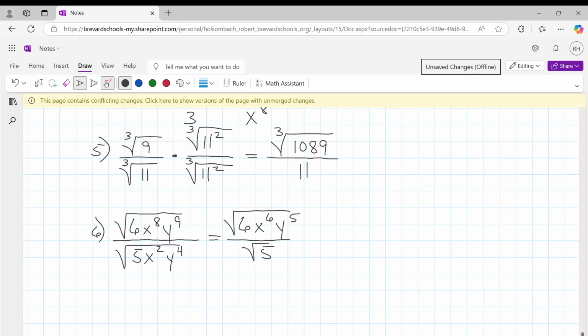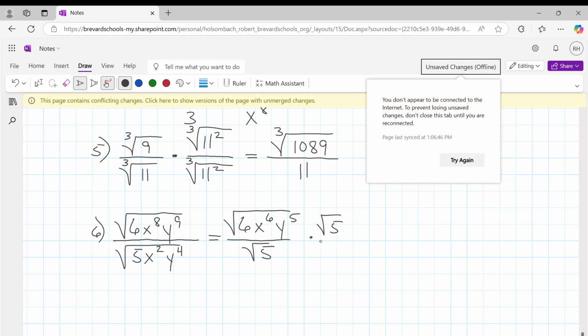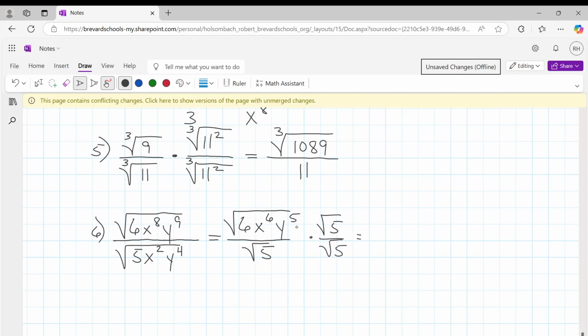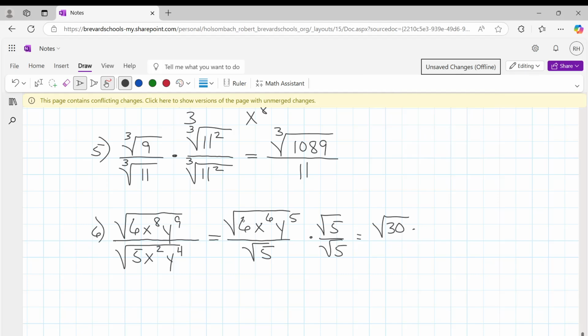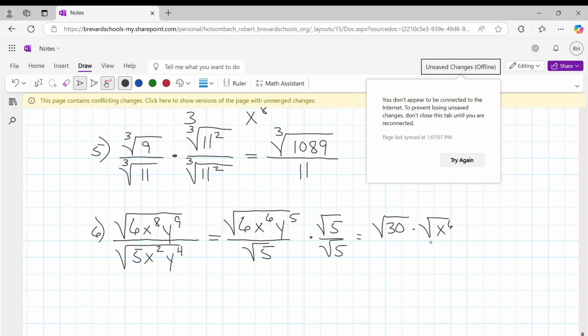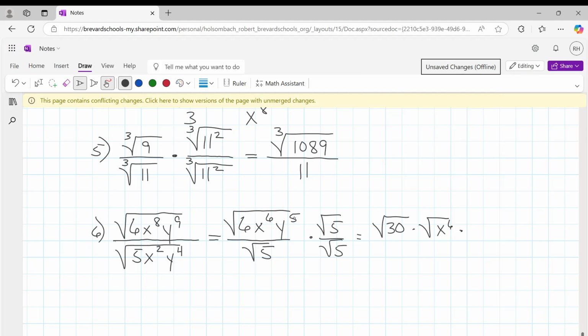So now we got to rationalize the denominator, and we've got to simplify the numerator. So we're going to rationalize first. We're going to multiply the top and the bottom by the square root of 5. So in the numerator, we get the square root of 6 times 5, which is 30. We get the square root of x to the 6th, and we have the square root of y to the 5th.